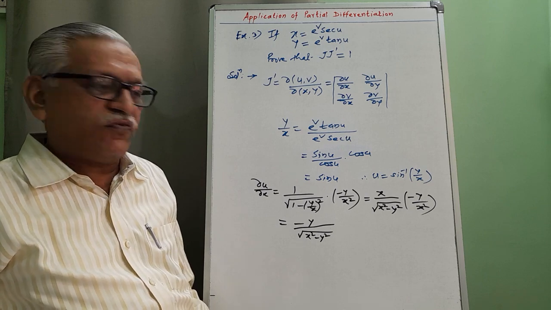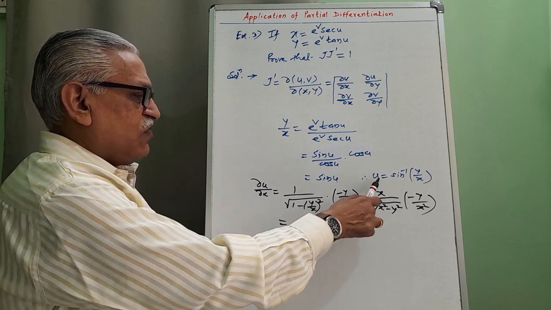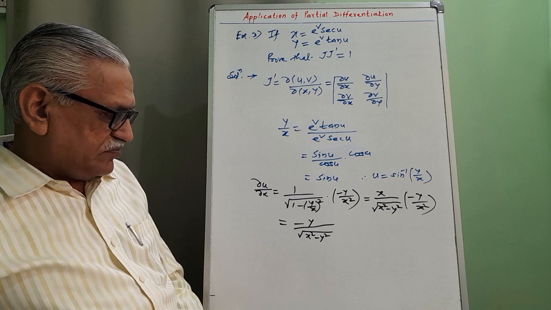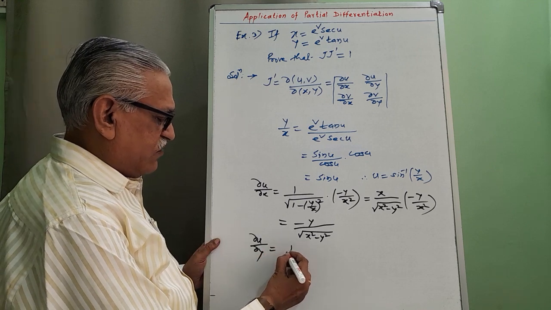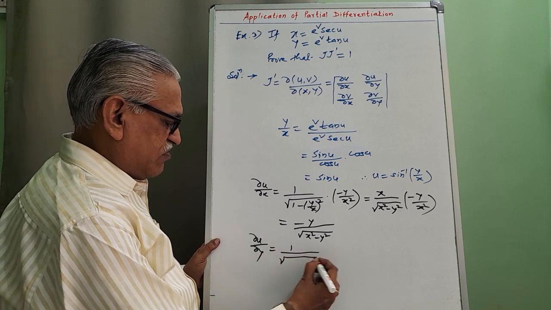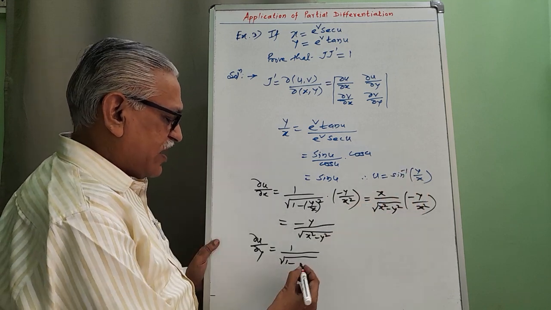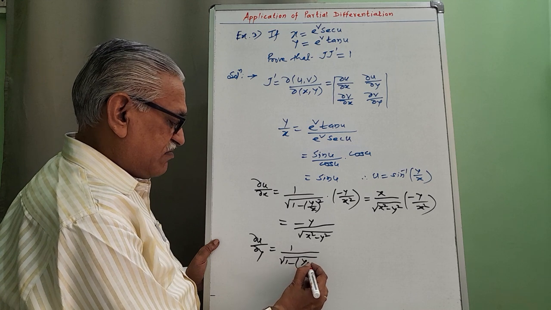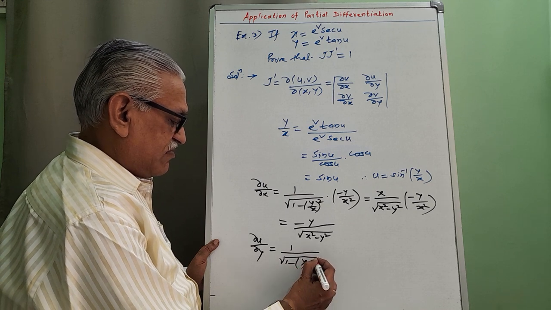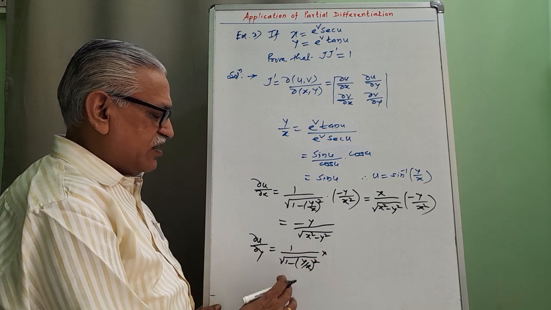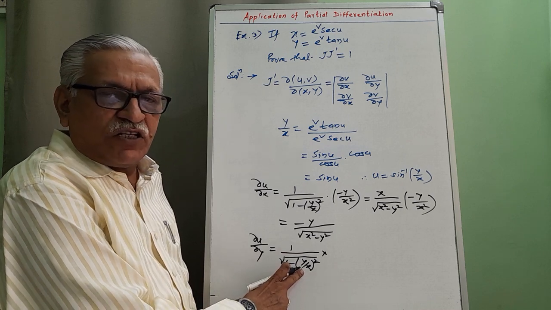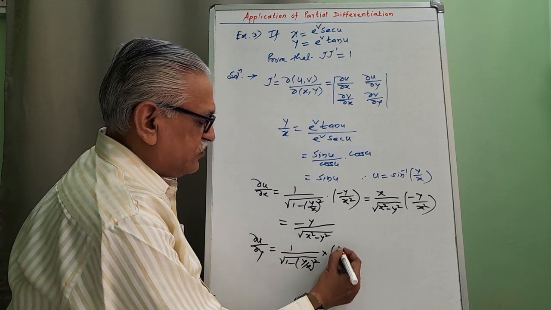Then differentiating it with respect to y, we get again 1 upon root of 1 minus square of that y by x. By the chain rule, the derivative of y by x with respect to y is 1 by x.